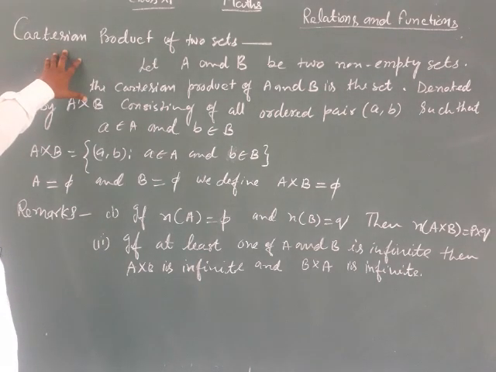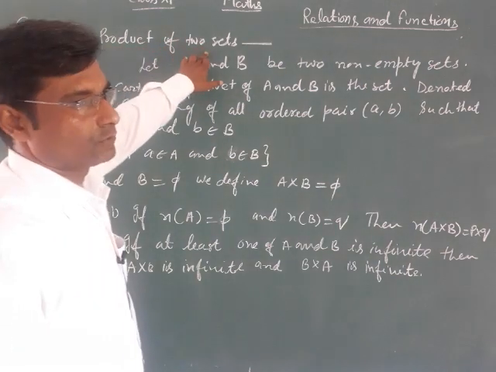Second part of relation and function: Cartesian product of two sets.